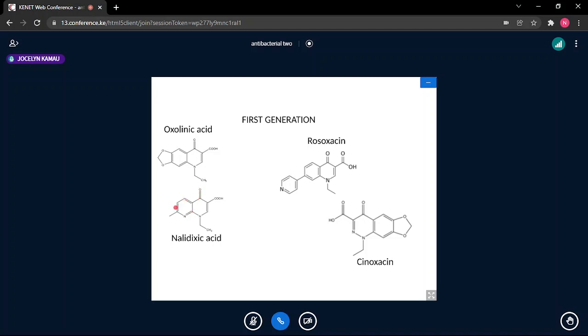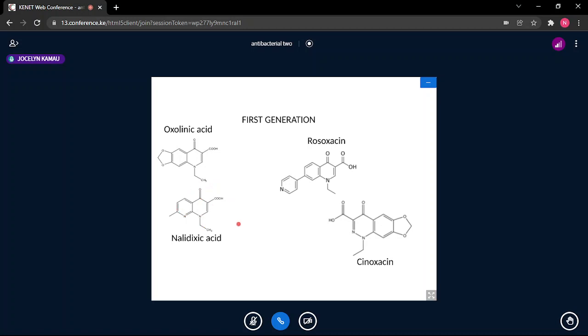You can see that the bonds within the pyridine ring can shift, such that at one point you have a double bond there, you have a double bond there, you have an oxo group, and therefore that qualifies them to be quinolones.